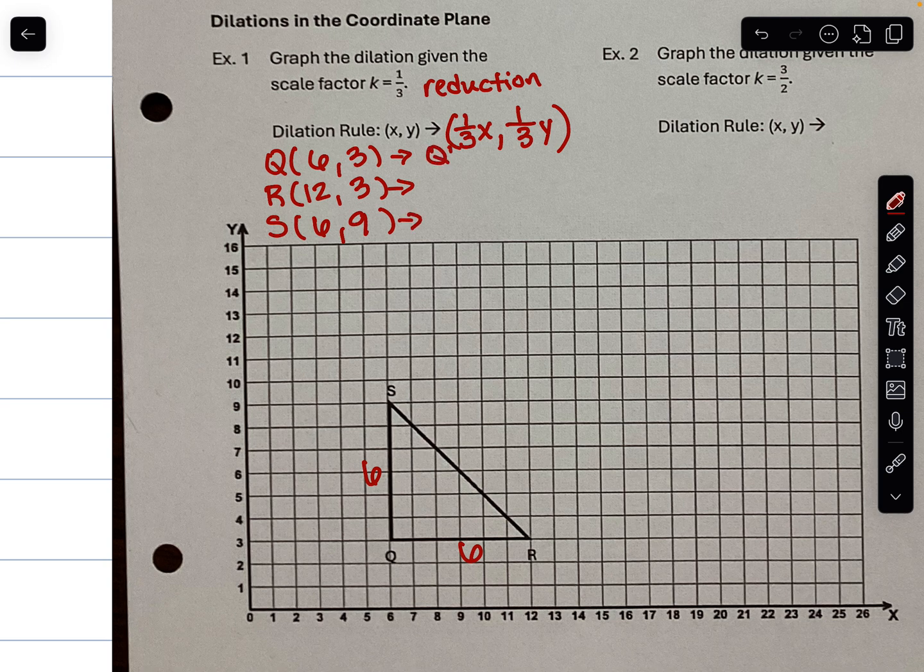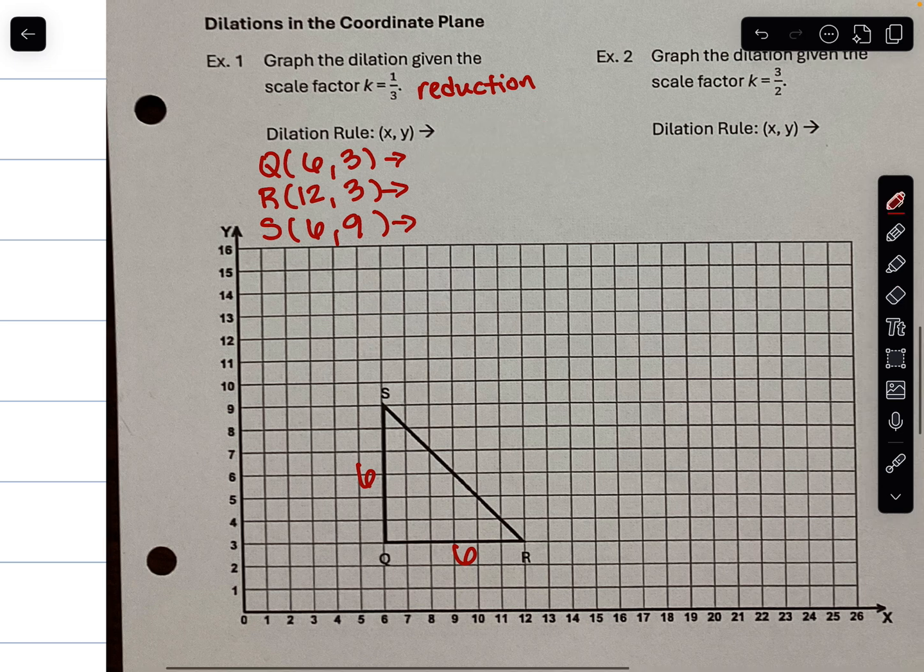2, 1. Wait, I'm kind of out of room. Hold on. Let me move this. Let me just fix this real quick. So essentially, we are multiplying by a third, but what would be an easier way to find your answer? Cross multiply. Well, not even that.